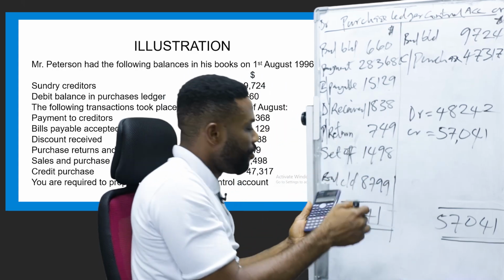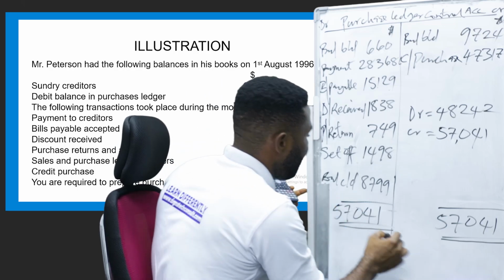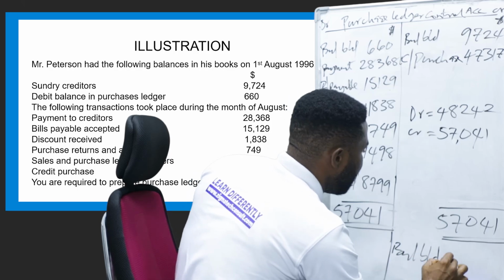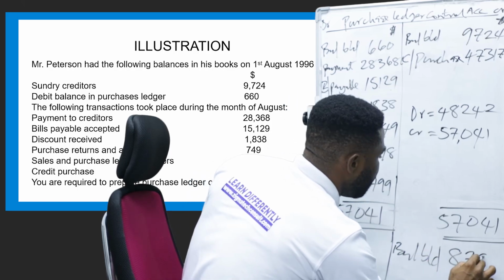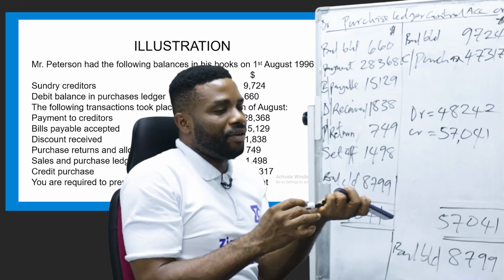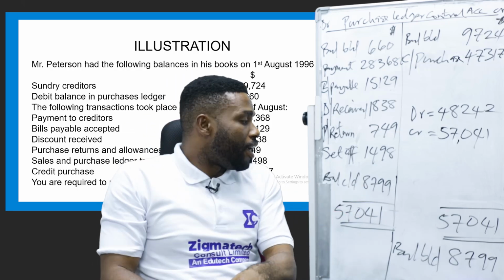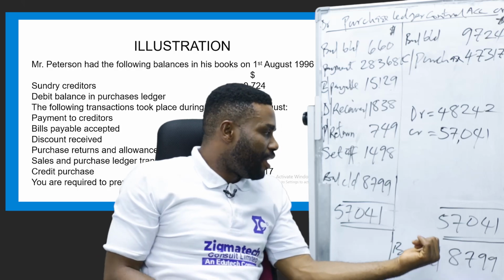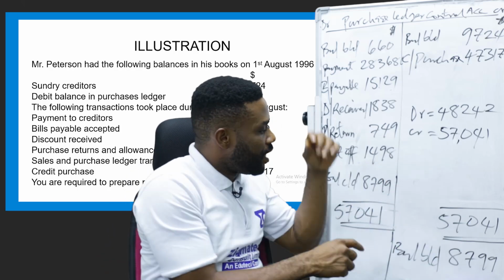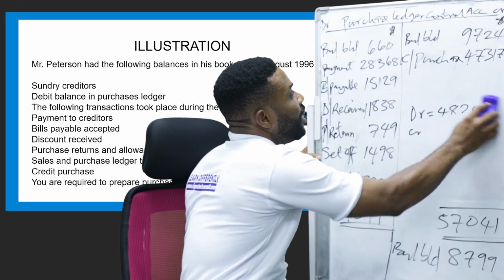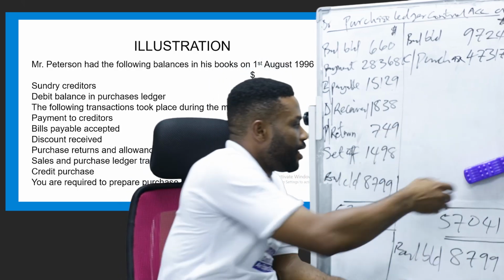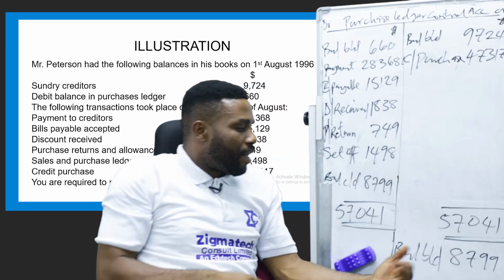Your 8,799 is your balance carried down, and that will also be your balance brought down, 8,799. So 8,799 is what is going to be taken into September as a balance. Remember, that is your credit balance.